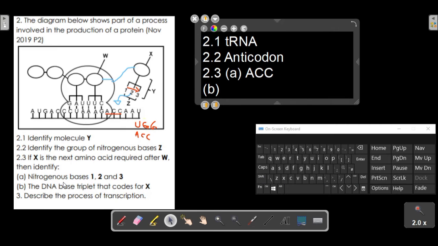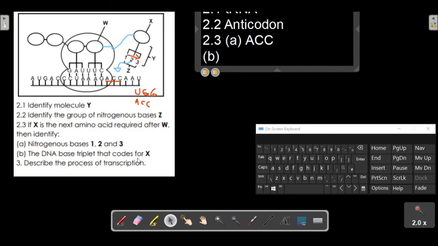Okay, the DNA base triplet that codes for X. The DNA base triplet that codes for X. Okay. So it has to be DNA, guys.